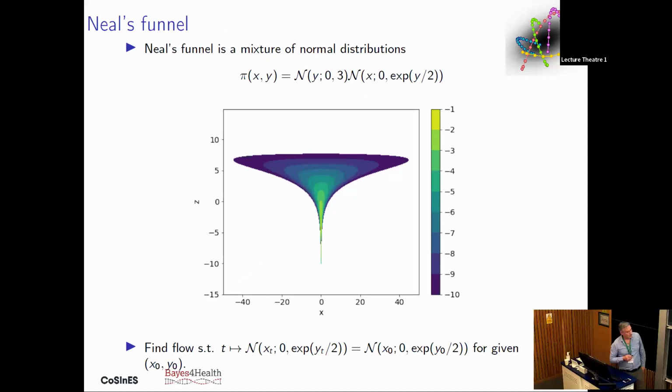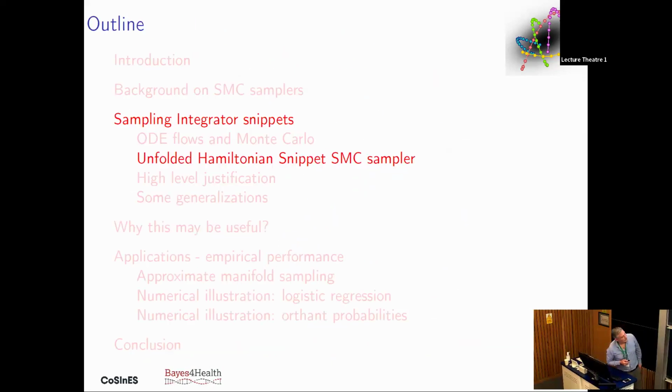So I won't stress on this, but there's another toy example, Neal's funnel, and you can do the same kind of transformation and go back, but this example is even easier. So I won't stress on this.